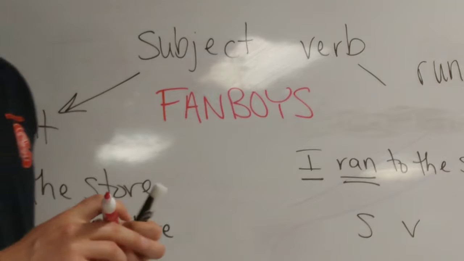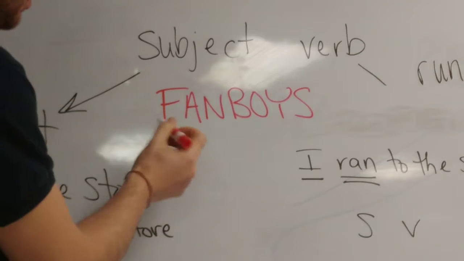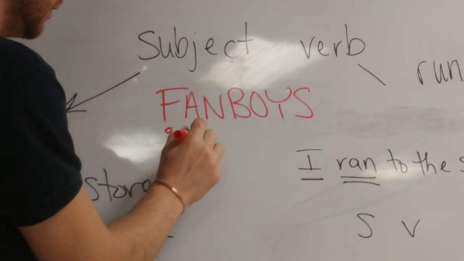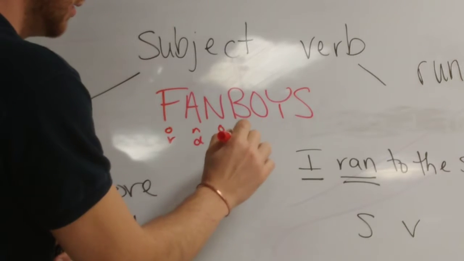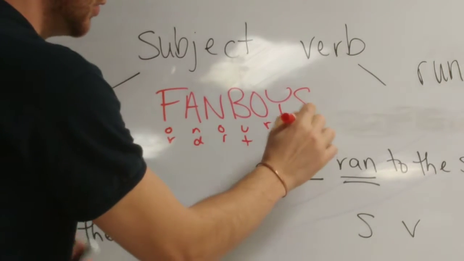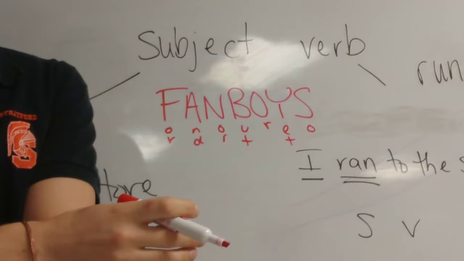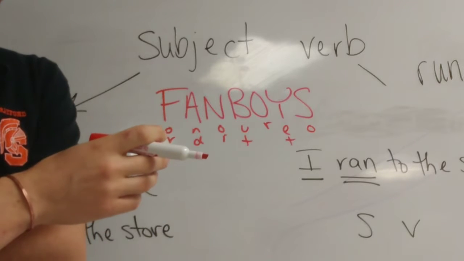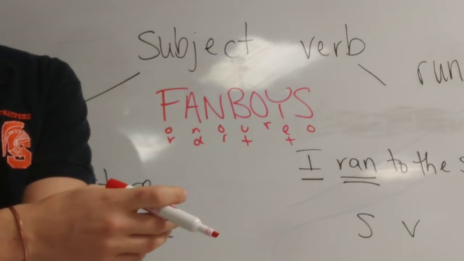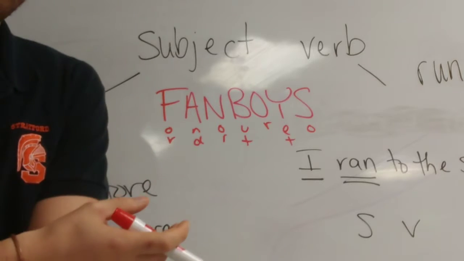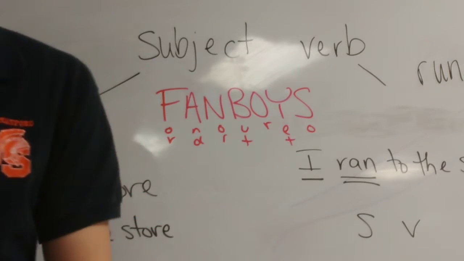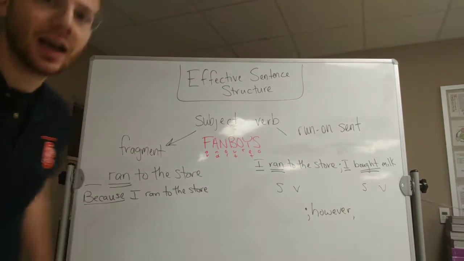Just also remember your conjunctions: your for, and, nor, but, or, yet, and so. Those are your coordinating conjunctions. Those can often be used in the middle of sentences, but then you've also got subordinating conjunctions that sometimes can go at the beginning.